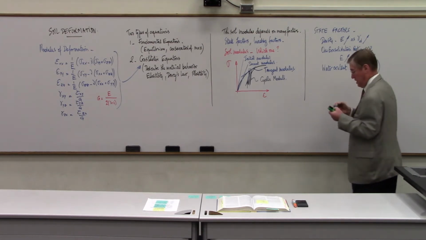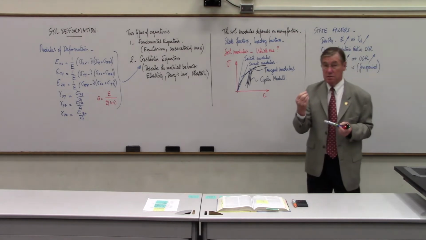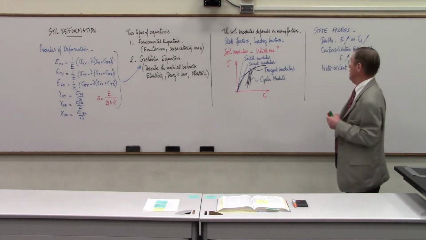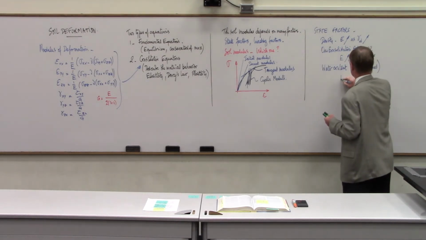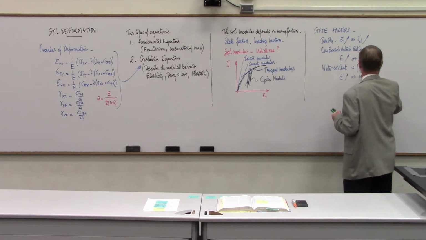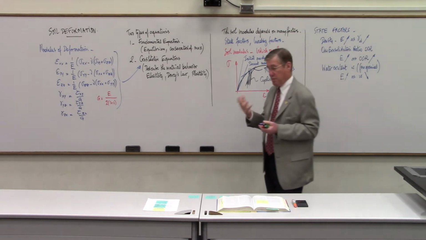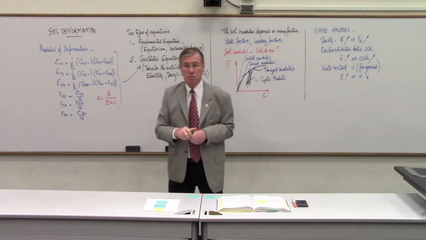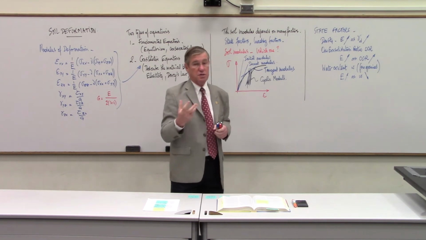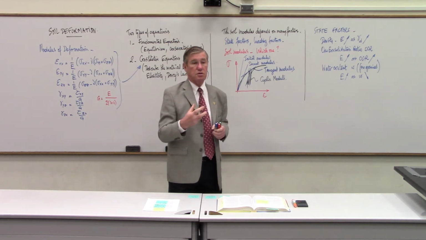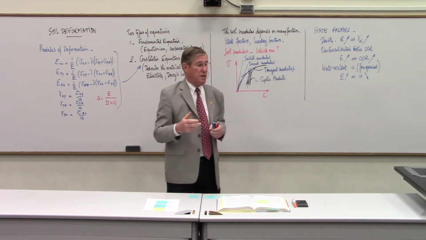You can imagine that if the material dries, it becomes hard. And as a result, E increases as W decreases. And we talked about this before. It's due to the water tension that develops in the soil, in the pores, as the material dries.